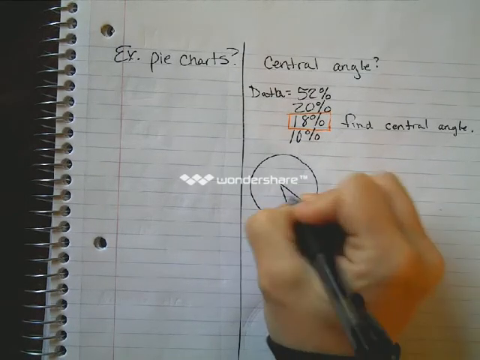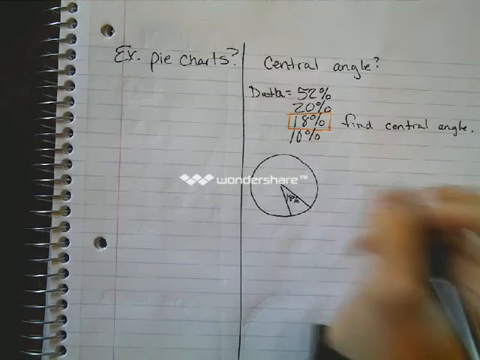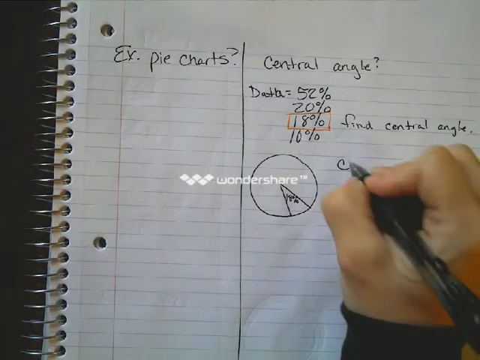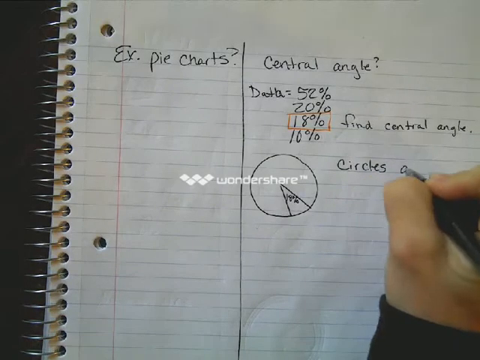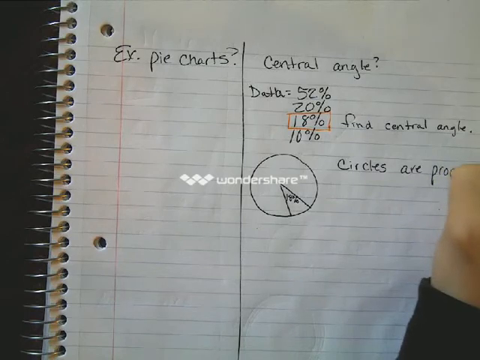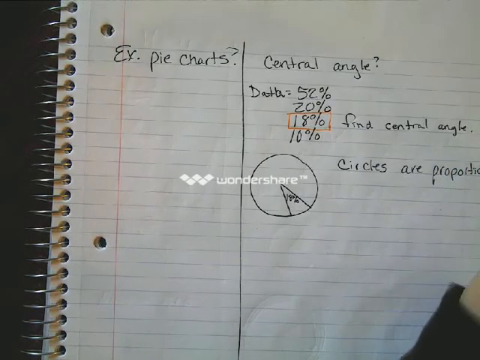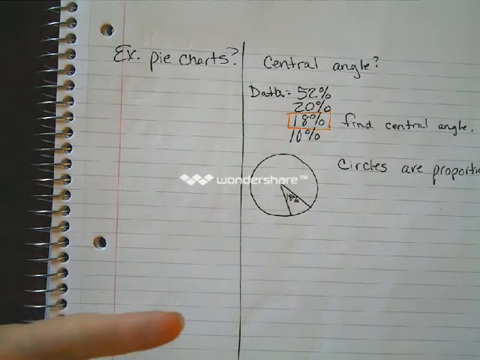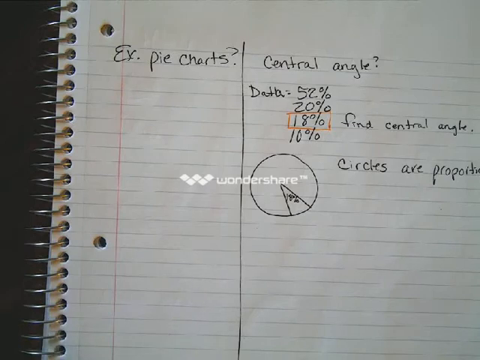Okay, when they are divided into these sections, everything, the angle, the central angle, the arcs, the length of the arc, the area of the arc, the degree of the arc. Everything about it is going to be proportional to the total circle. Okay, so if I'm making a proportion out of this, I know that 18% can be written as a proportion. 18% can be written as 18 over 100. So this is the proportion. This is the part here, and then we have a total circle.